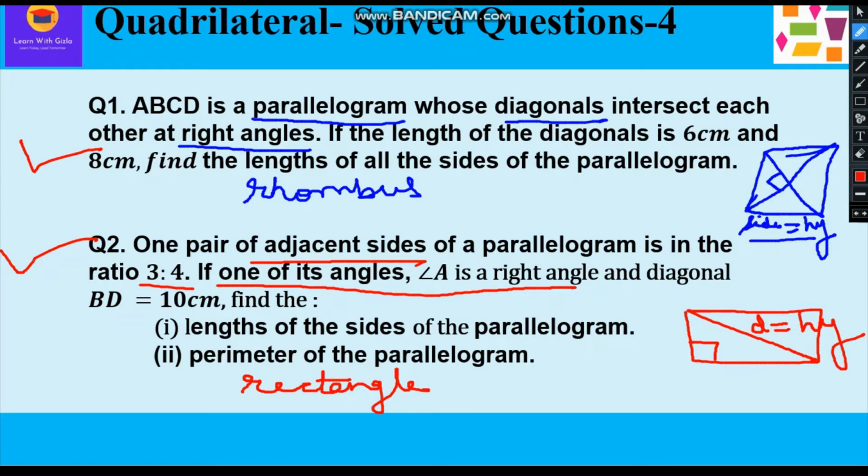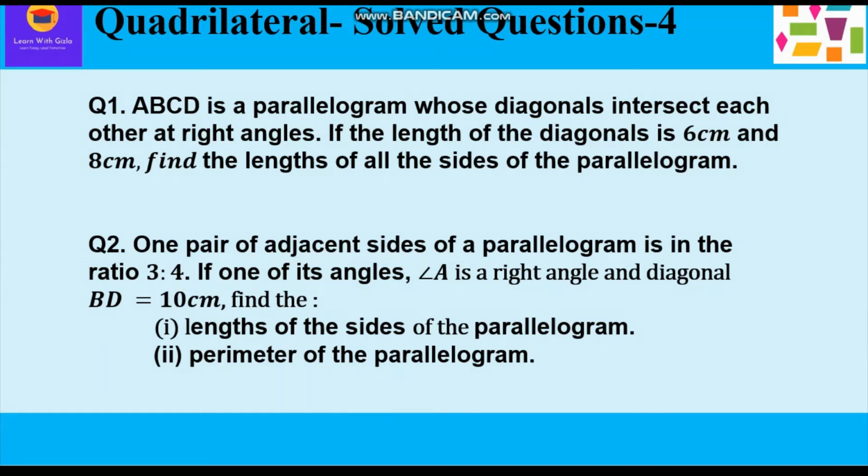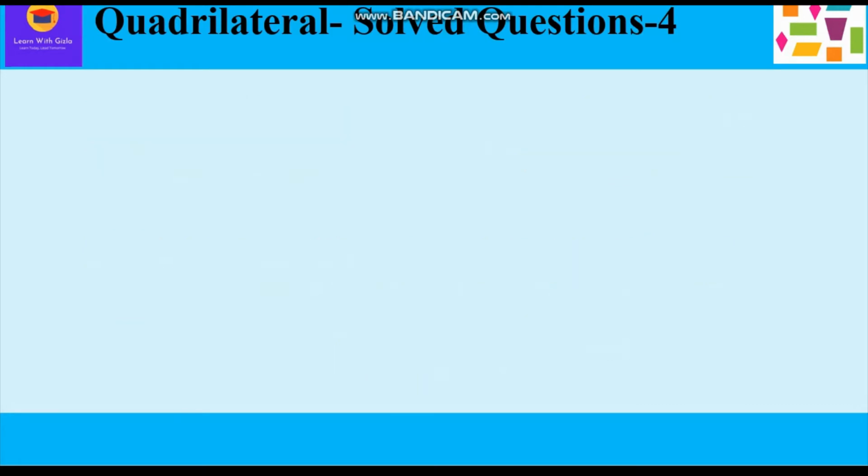Along with the length of the sides of parallelogram, we have to also find the perimeter of the parallelogram in question number 2. Otherwise, in the first question also we have to find the length of all the sides, and in the second question also we have to find the length of the sides of the parallelogram, and we shall be using Pythagoras theorem in both the questions. Now let us start with the first question.